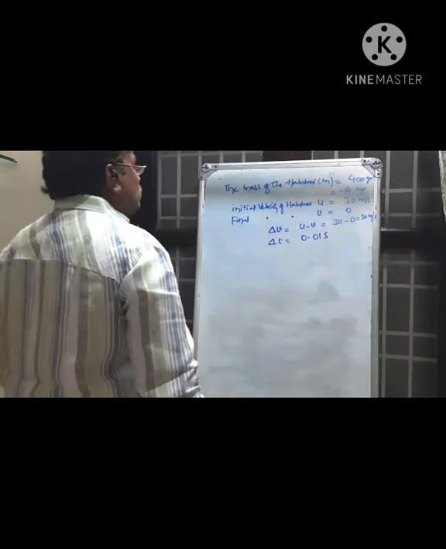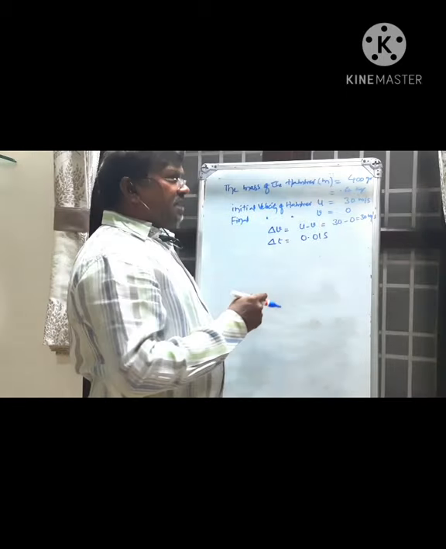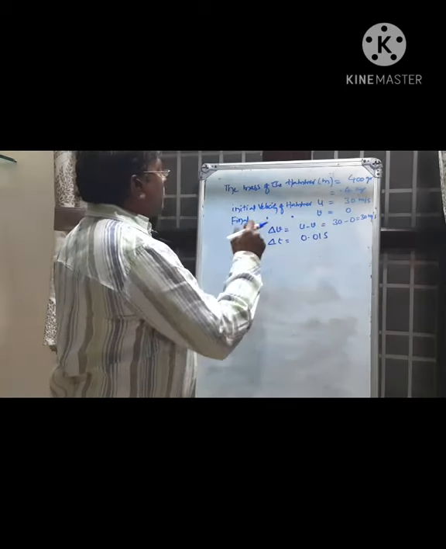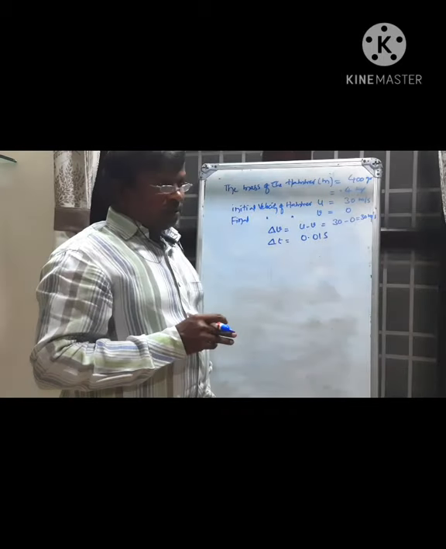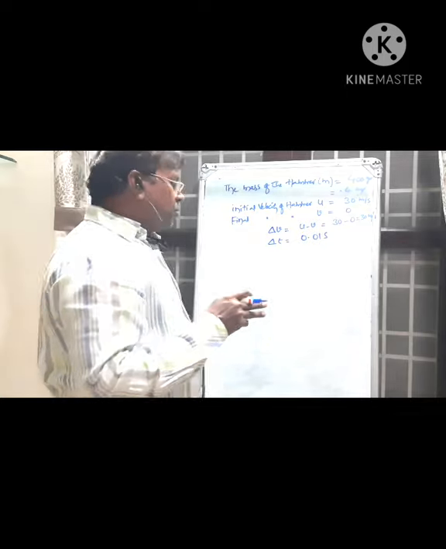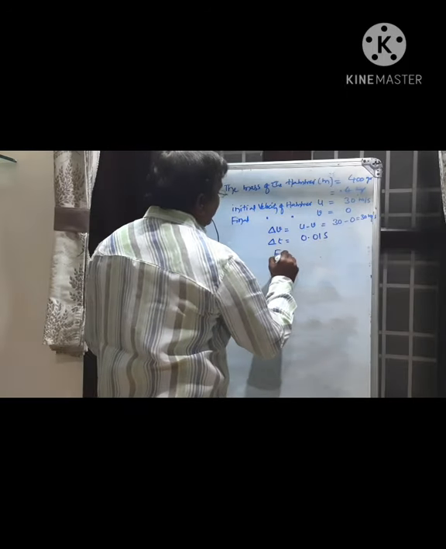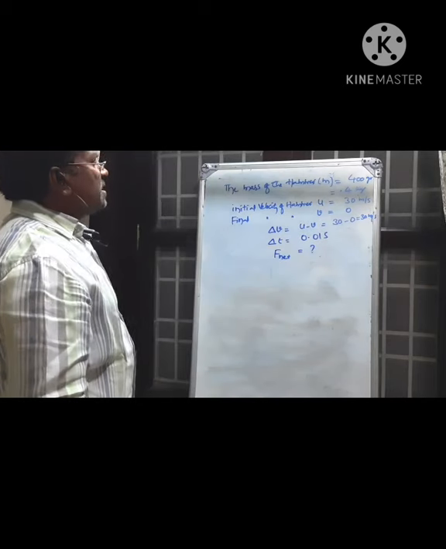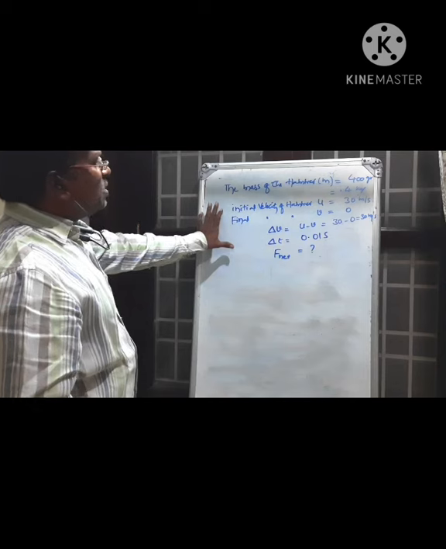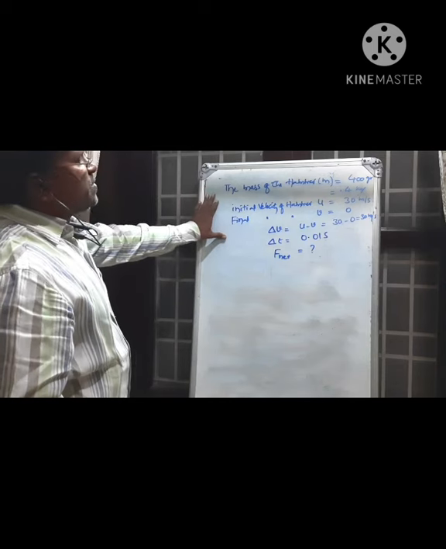Then we have to find out the force exerted by the nail on the hammer to stop its motion. That is, we have to find out F net. So while solving verbal problems, we have to first write the steps like this.